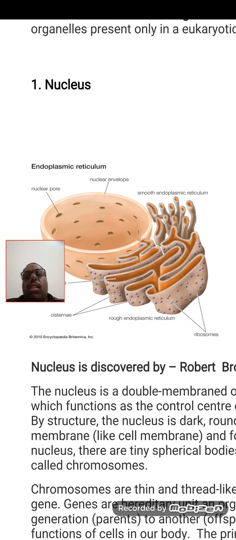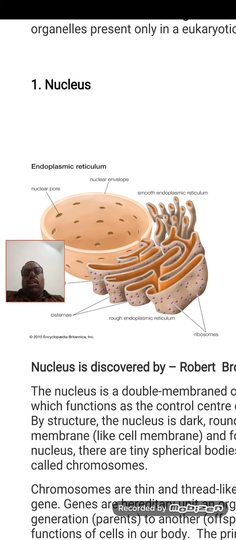There are many folds on the endoplasmic reticulum, called cristae. Why is the endoplasmic reticulum attached to the nucleus? Because ribosomes are the protein machinery. If anything has to function inside a cell, protein has to be synthesized.